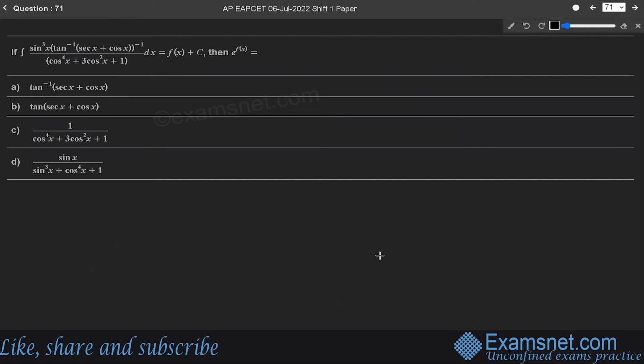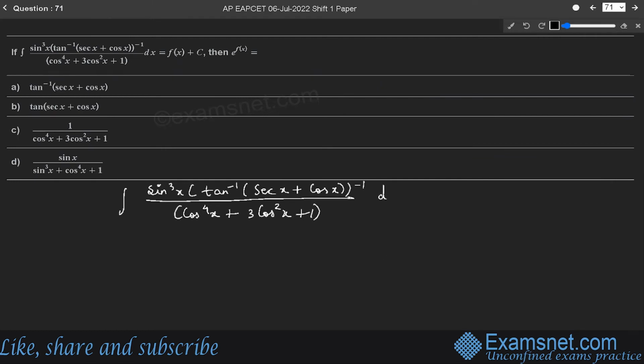Next question is, if integral of sine cube x into tan inverse sec x plus cos x inverse divided by cos power 4x plus 3 cos square x plus 1 dx is equal to f of x plus c, then e power f of x is.